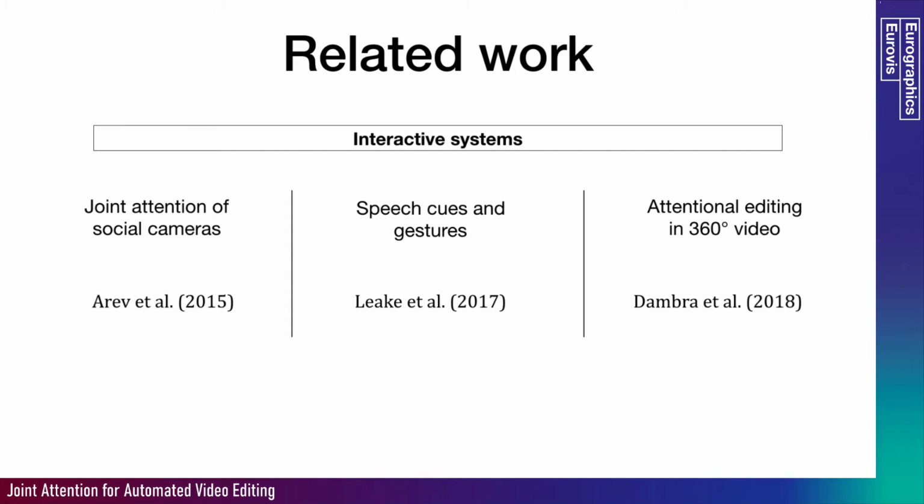In 360 videos, the user's head motion is used to introduce cuts towards the next point of interest. In all of these works, though, a big challenge remains in identifying the joint attention from the content and the people within the videos, and not necessarily the person operating the camera or the viewer.